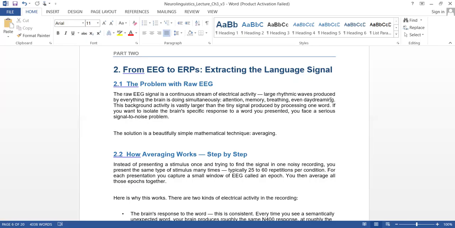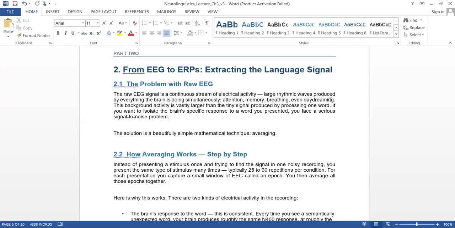Only then, when we process a word or any other stimulus, a visual or something like that, which requires larger activity or electricity, only then can we see how the brain is responding to language processing and all that. So that's something which makes it possible.